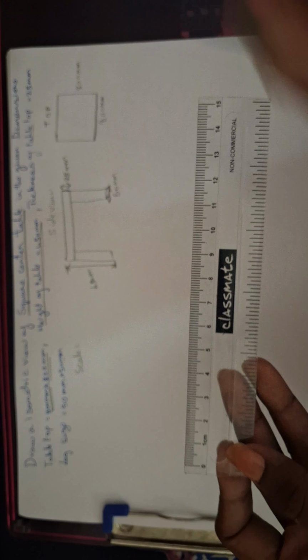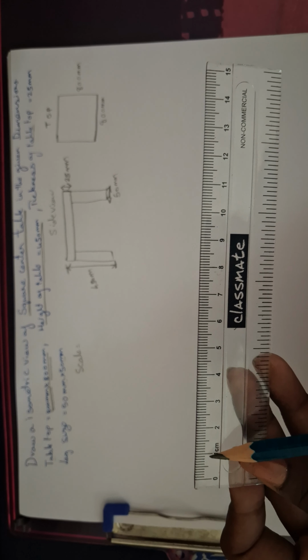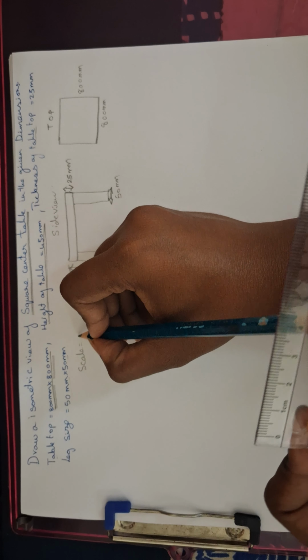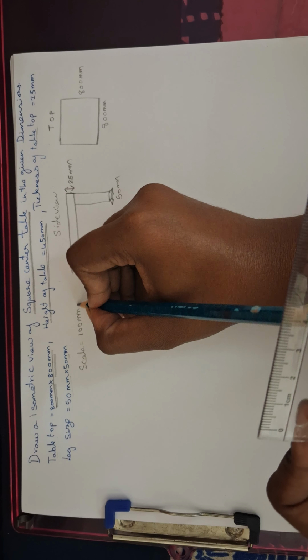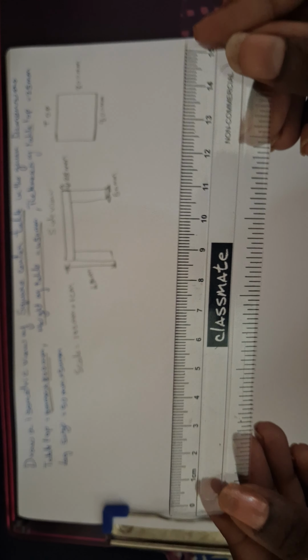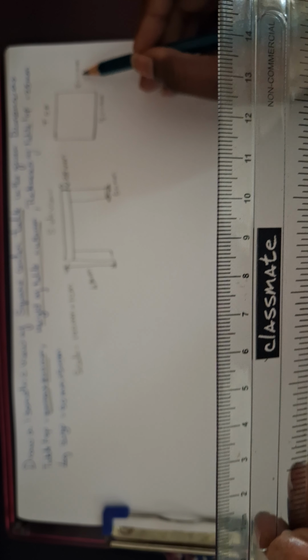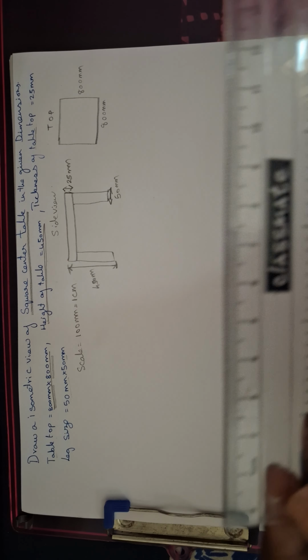I am going to consider 100 mm as 1 centimeter. So 100 mm is equal to 1 centimeter. So the 800 mm will be 8 centimeter, and in the same way 450 mm will be 4.5 centimeter.